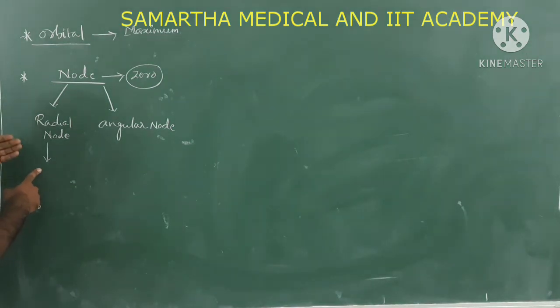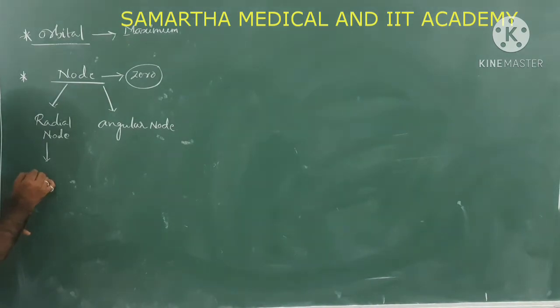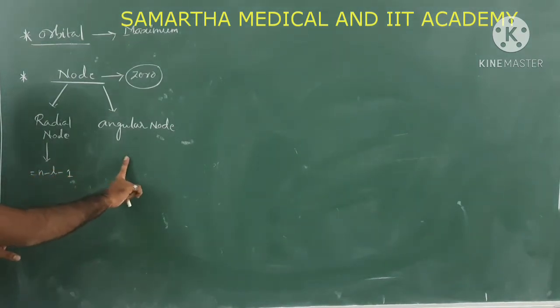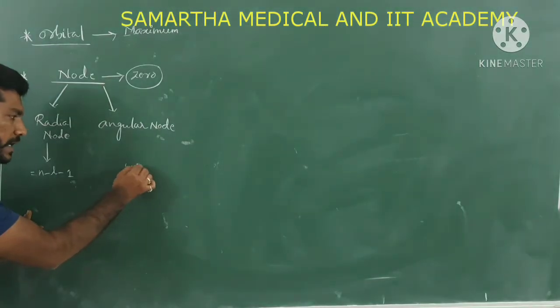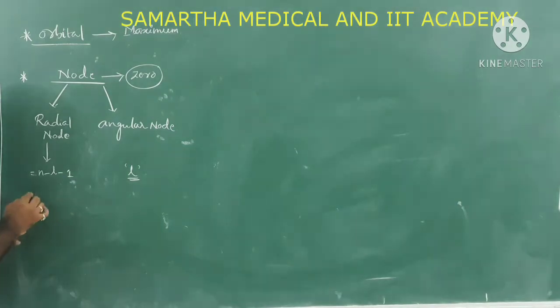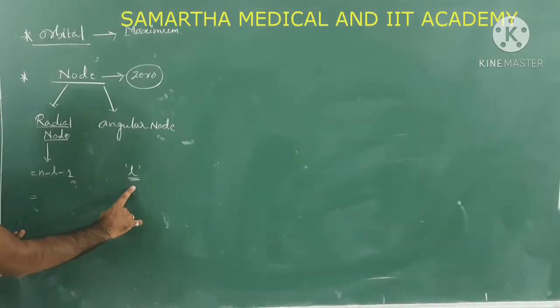In order to find the radial nodes present in a particular atom, the formula is n minus L minus 1, and to calculate the angular nodes present in any atom, the formula is L. So, radial node depends on the n and L values, and angular node depends only on the L value, guys.